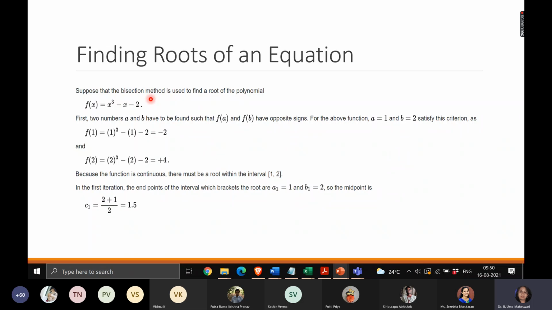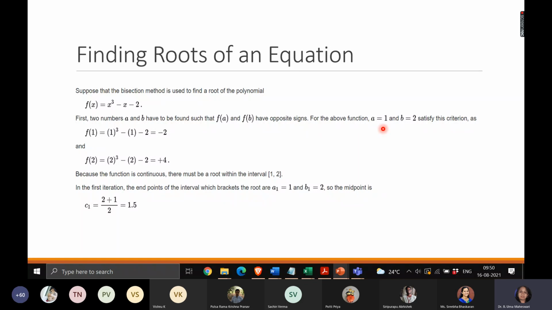So with the help of the bisection method, we find out the root, for which I want three values. One is the function, another is the lower limit, and the other is the upper limit, right? So how does the procedure go?